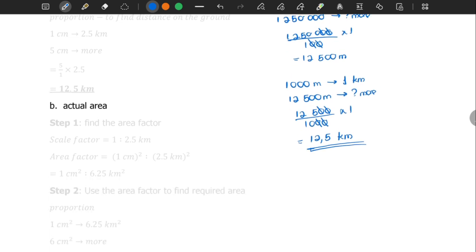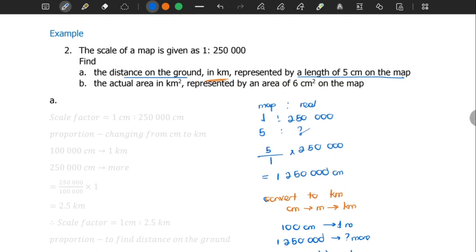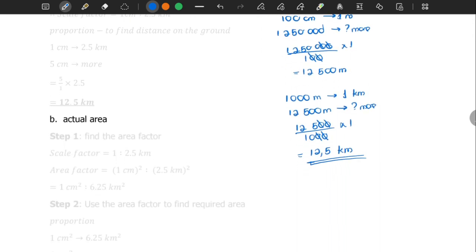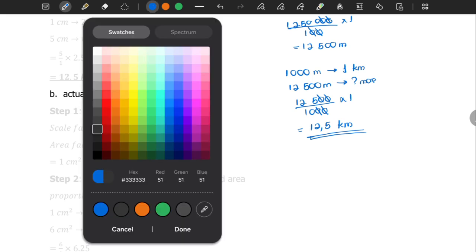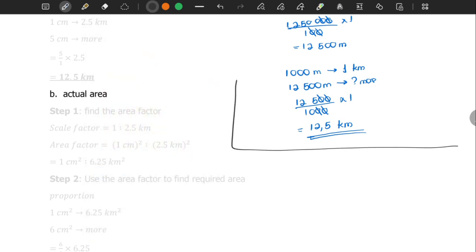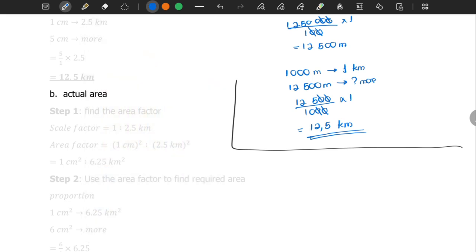So yeah. And then the next question says find the actual area in kilometers squared represented by an area of 6 centimeters squared on the map. So again, area factor. So first part is to find the area factor.